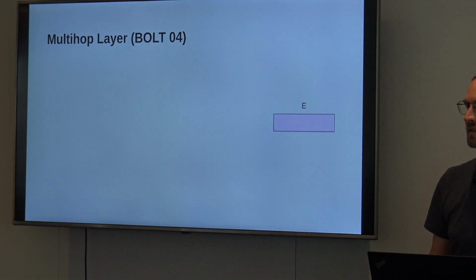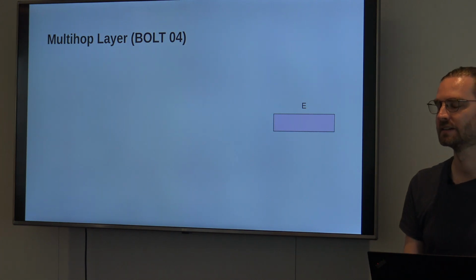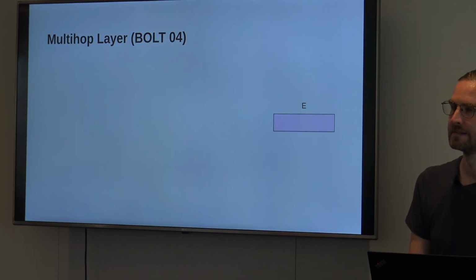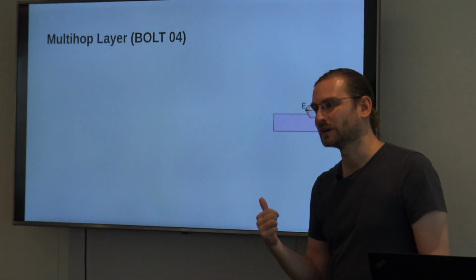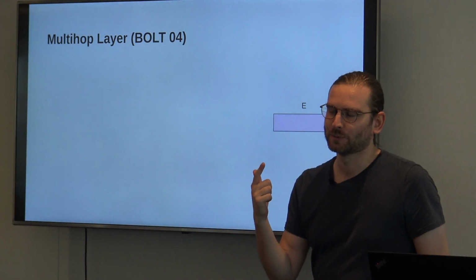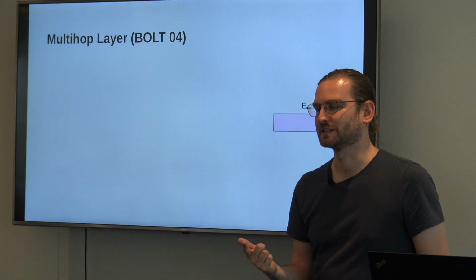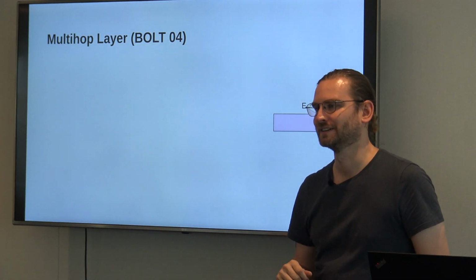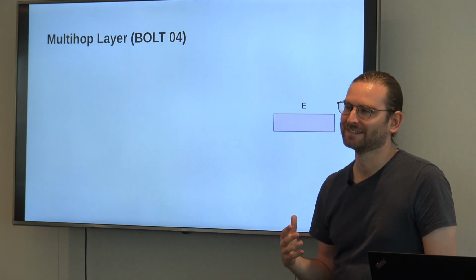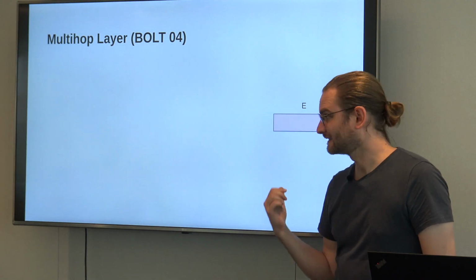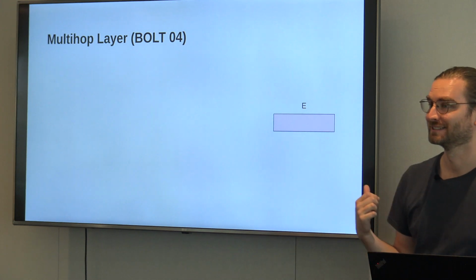It's a Noise XK layer. Oh, so the onion is on top of the Noise. Yes. The onion is basically one field in one of the messages that we transfer over this entire stack.